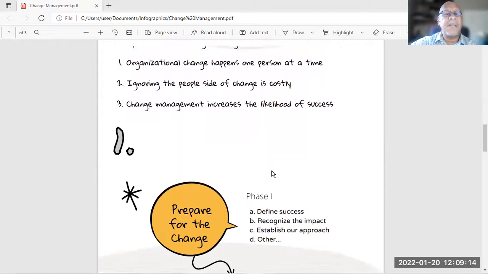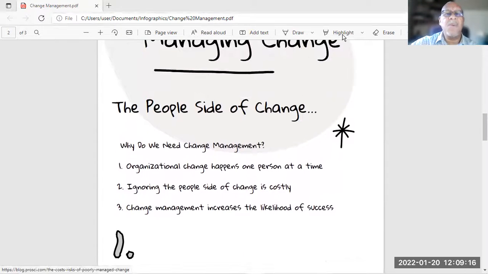So let's take a look at the actual steps. Before we do that, I'm going to stop sharing for a moment and set you all into groups, work groups, breakout rooms. I'm going to ask you to look at the three main areas that we're about to study: preparing for change, managing change, and sustaining change.